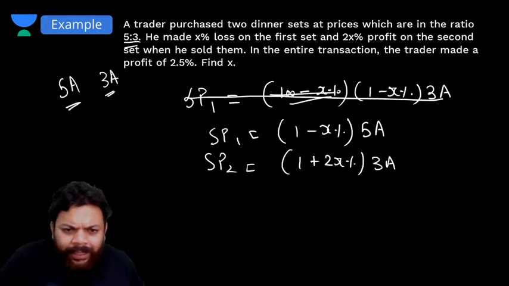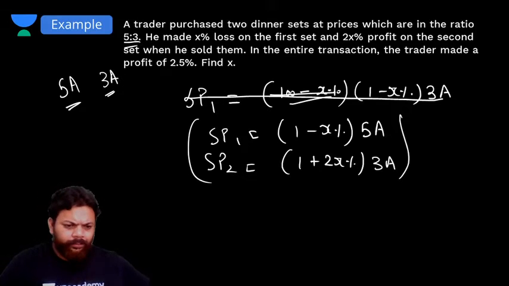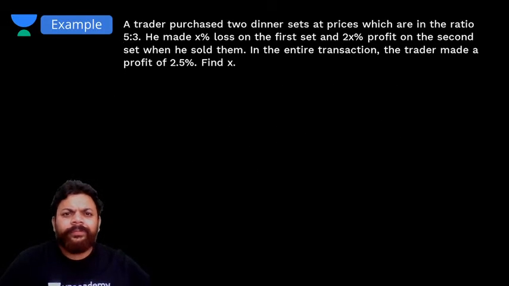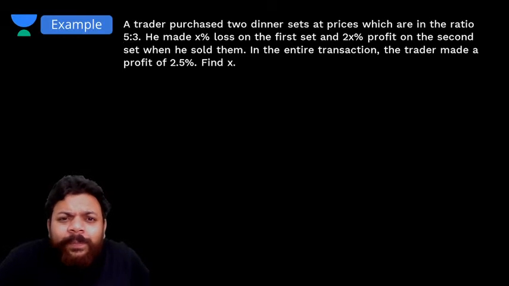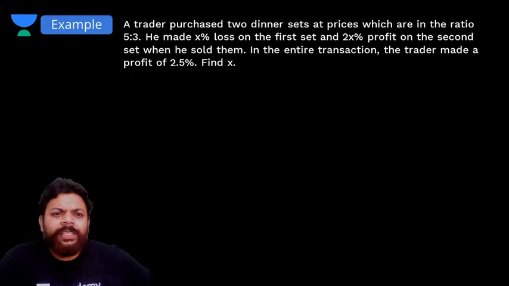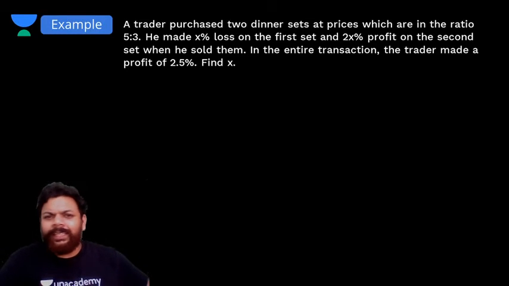Is this equation correct, guys? Say yes or no. I think so. The question is, a trader purchased two dinner sets at prices which are in the ratio of 5:3. He made X percent loss on the first set and 2X percent profit on the second set when he sold them. I guess this is correct.